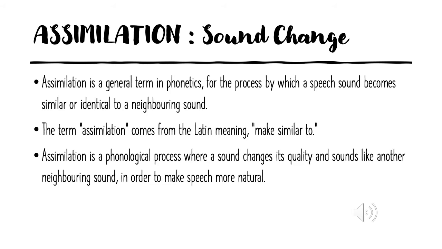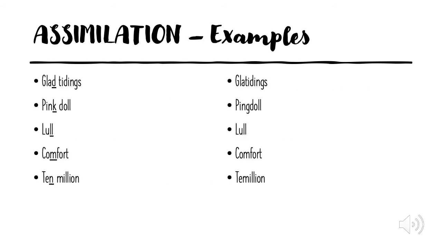This process happens naturally in speech across languages, all to make speech sound more natural. A few instances of assimilation will help you to understand the concept better before we move on to the different types of assimilation.